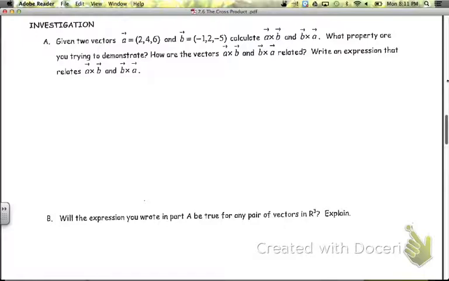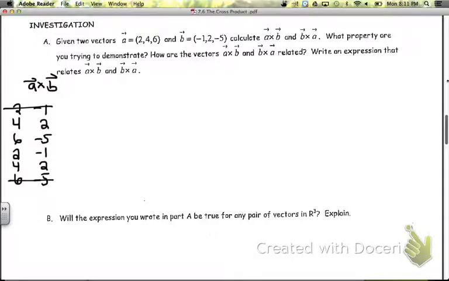So what we're going to do here is look at the cross product between the two vectors first. Looking at our A cross B here, we can write this out. So 2, 4, 6, 2, 4, 6, negative 1, 2, negative 5, negative 1, 2, negative 5.